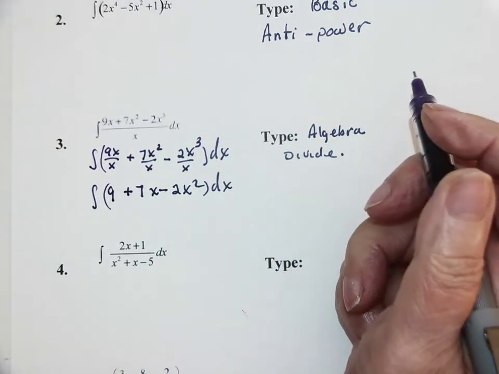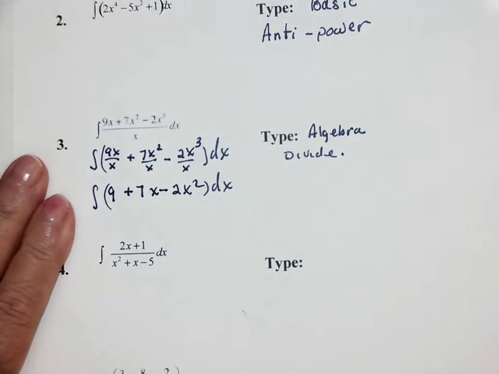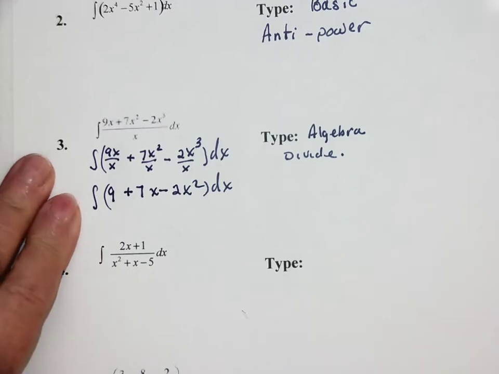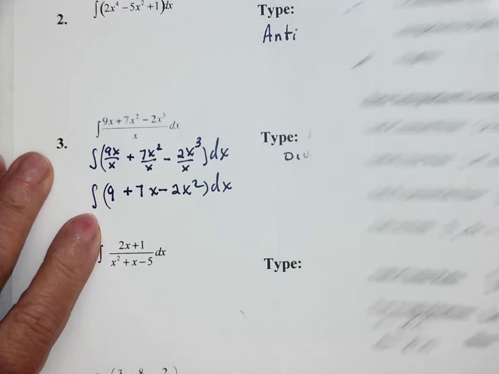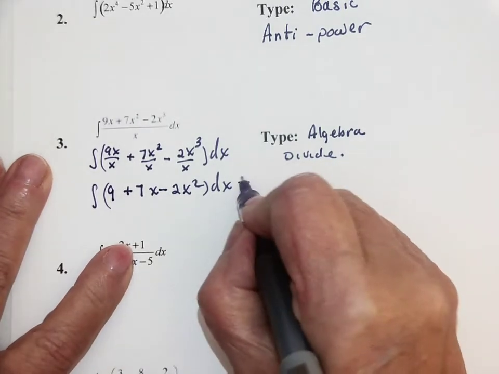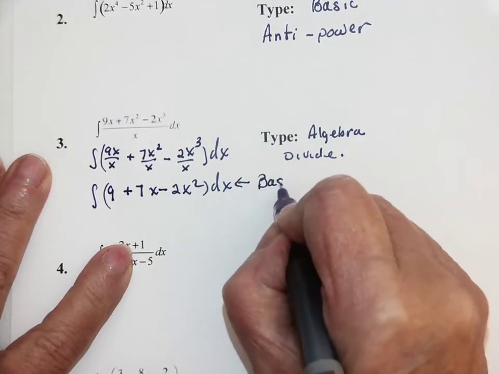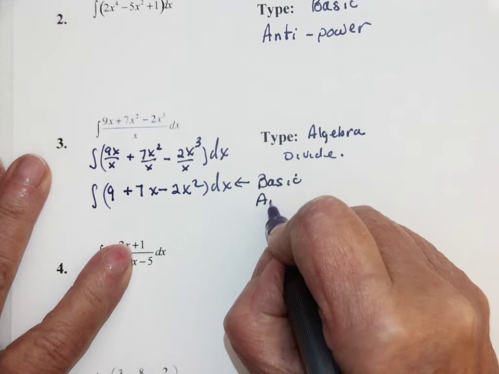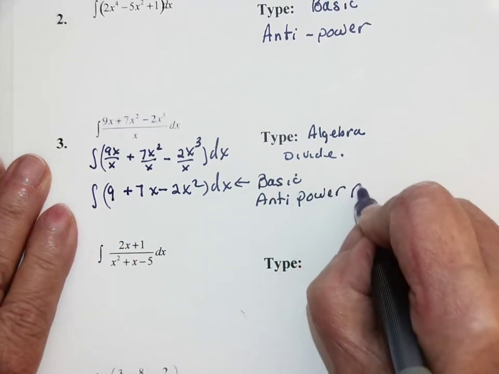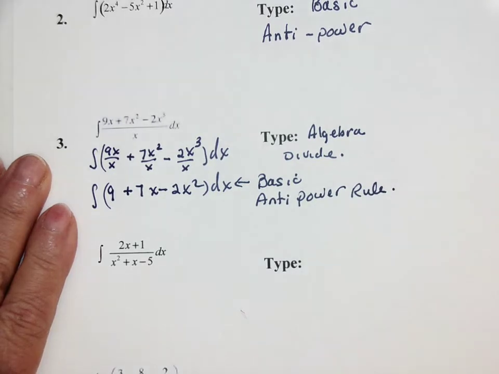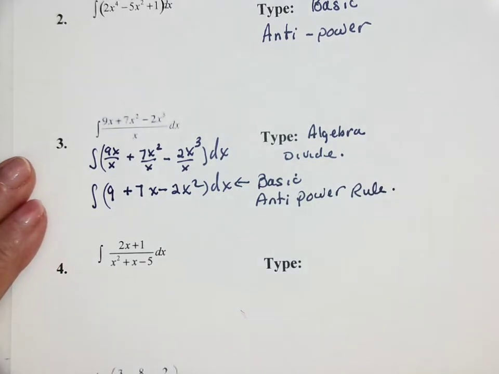And now I performed the algebra, and then I asked myself the question, what is it? If I take a look at it, it's just anti-power rule. This is now a basic, and it's anti-power rule. And I just perform that particular integral.